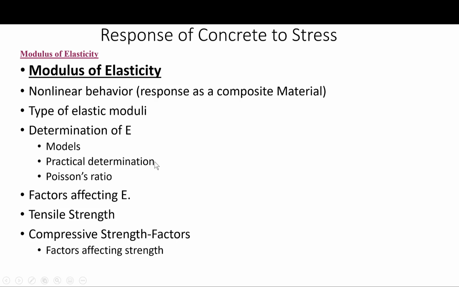There is also a practical determination of how to determine the elastic modulus, Poisson's ratio and how it relates to the elastic modulus, the factors that affect the modulus of elasticity, tensile strength, compressive strength, and the factors that affect strength as well. Okay.